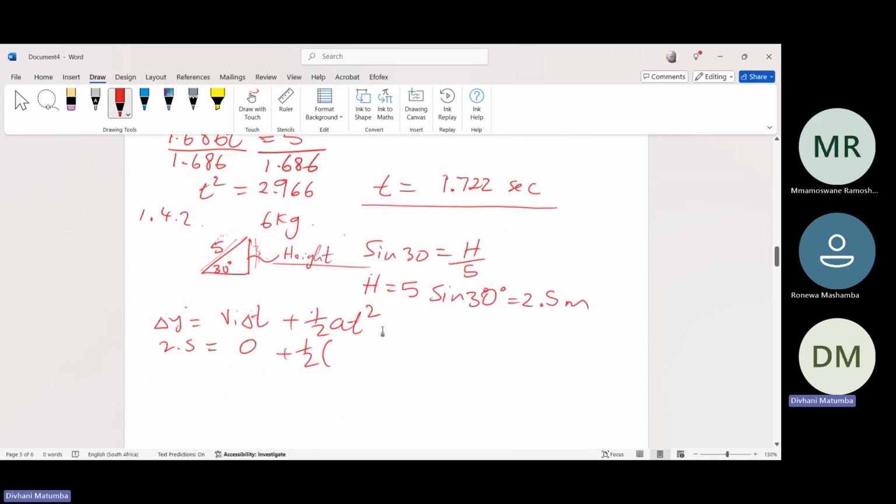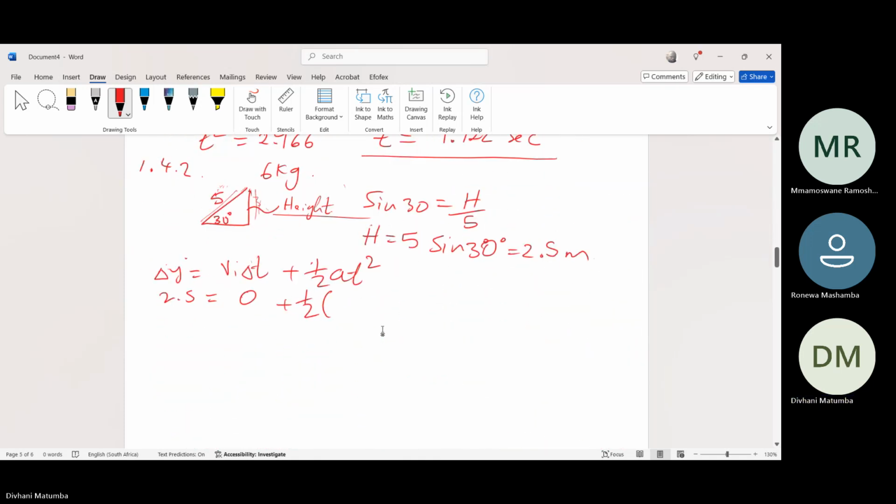Mamswan, what will be the value of acceleration? So would it not be the one we calculated? No, it won't be. Will it not be half of that? No. Yeah, then I don't know.